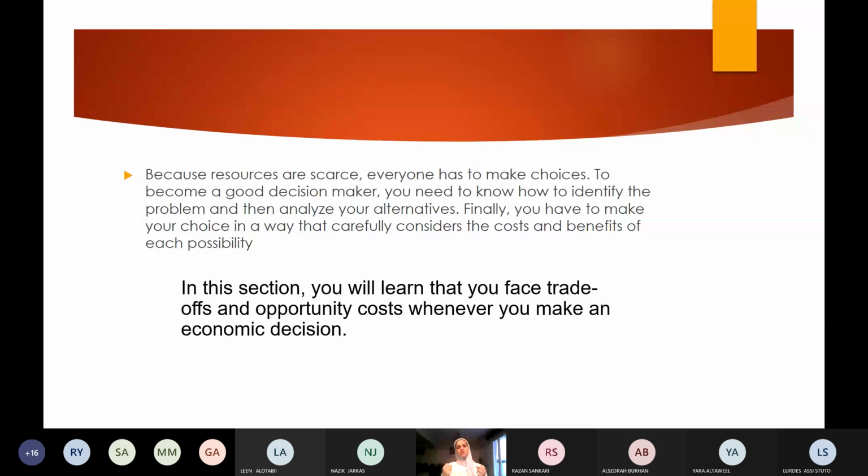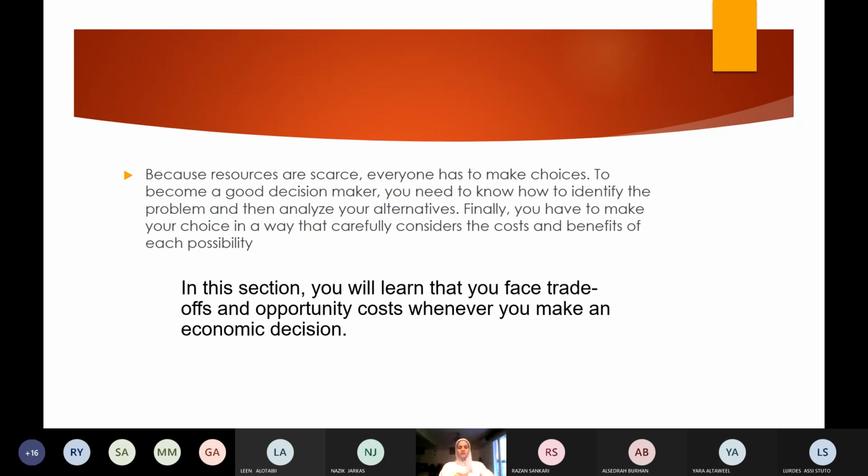If I have two options, three options or four options, which one to choose? When I choose one of them, when I decide to take this action or take this resource, I am making a decision.